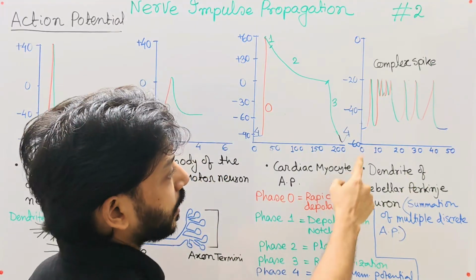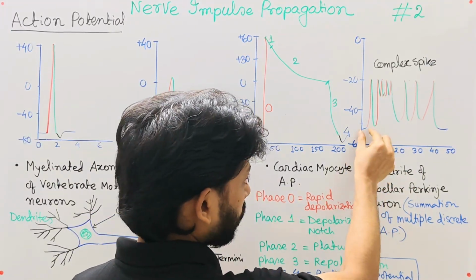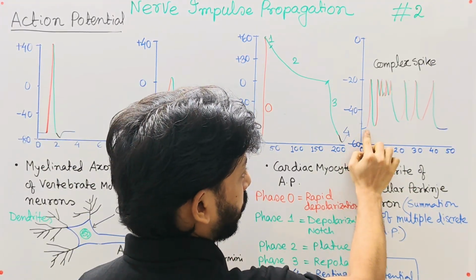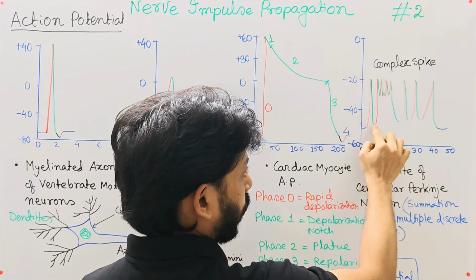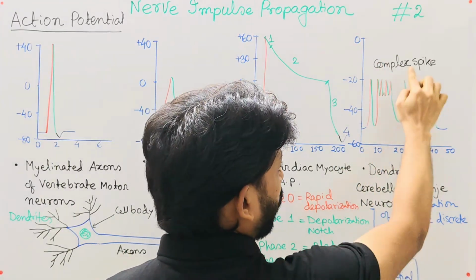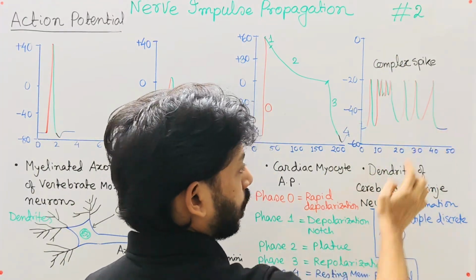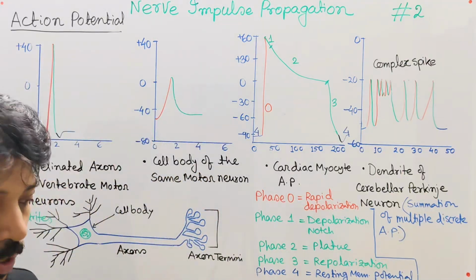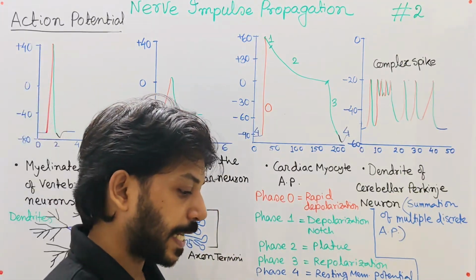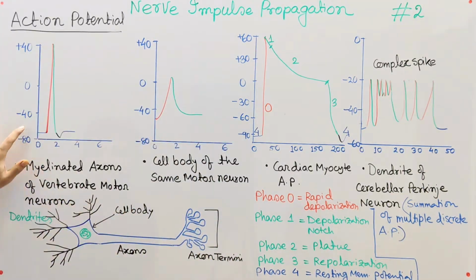Here also you will find that this is the resting membrane potential. There is a depolarization and repolarization, but multiple times it actually occurs and fluctuates. Ultimately, it goes to the resting membrane potential. So what I want to mention here is, don't think that this is the ultimate action potential graph.